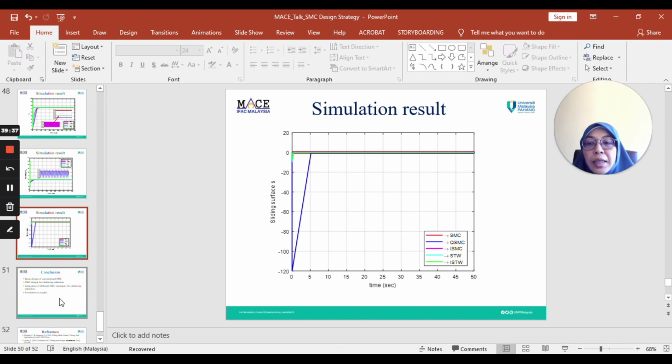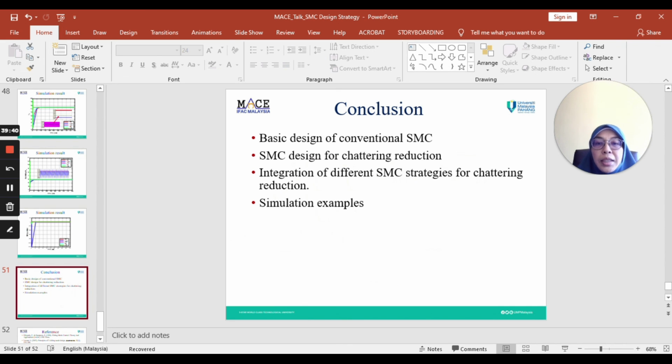As a conclusion, I have shared the basic design of conventional SMC. It always involves two steps. Step one is to design the sliding surface, a stable sliding surface, and then we design the controller such that we can reject the perturbation or disturbances.